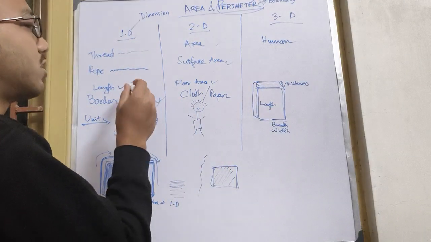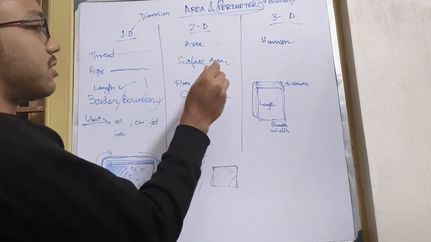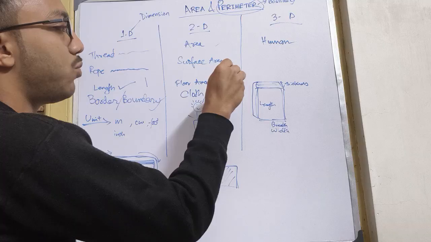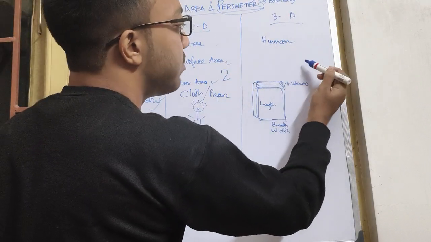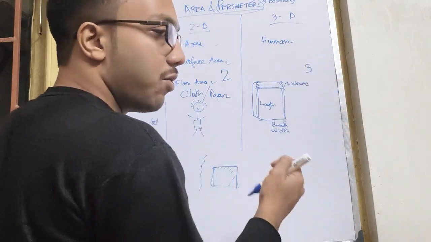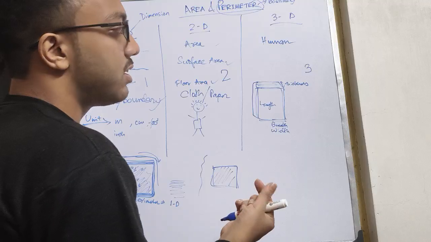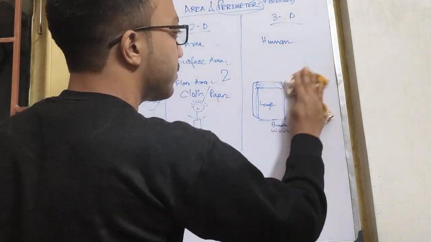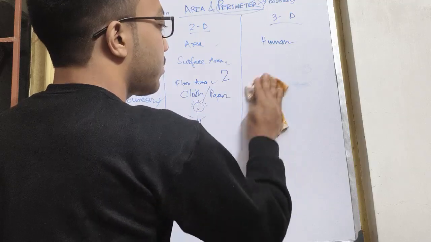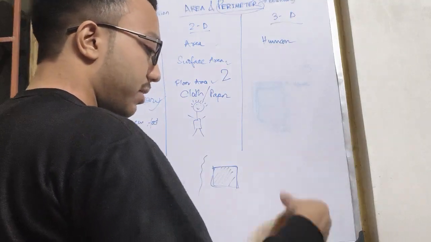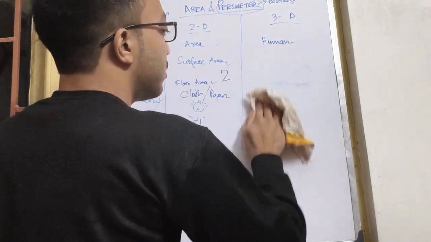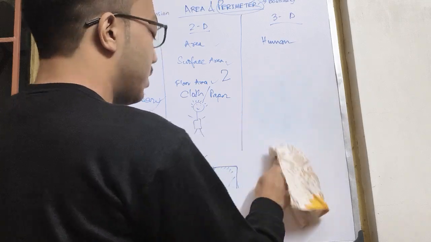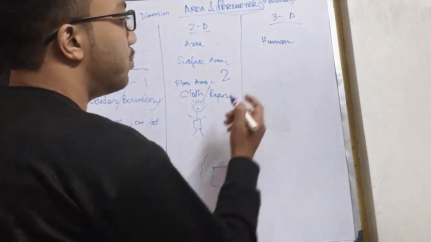So for this you need only one dimension. To measure this you need two dimensions, but to measure 3D objects you need three dimensions. We will learn this in further geometrical figures. Let's mention some examples also, like a cube.